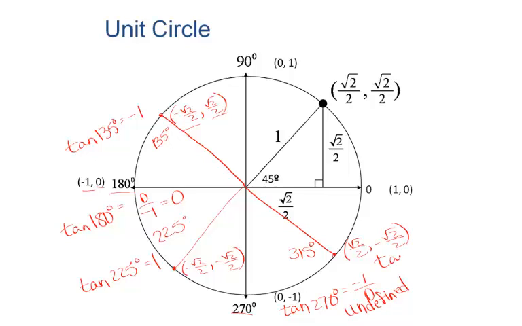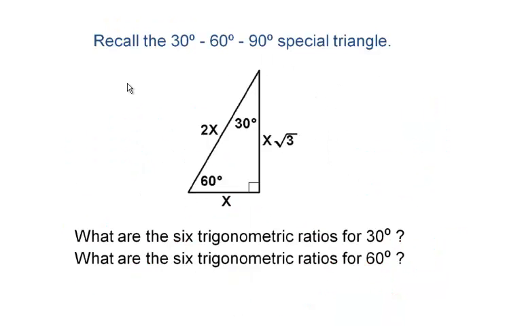So the tangent of 315 degrees is negative 1. And we could even do the tangent of 0 degrees, which will be equivalent to the tangent of 360 degrees. They're the same angle. It is going to be the sine value over the cosine value. Both of those are going to be 0 over 1, which algebraically is just 0.